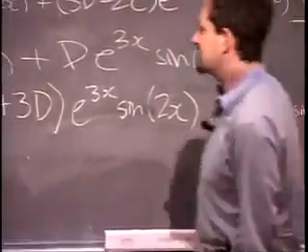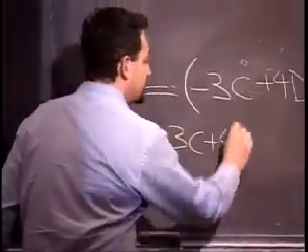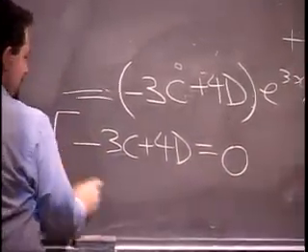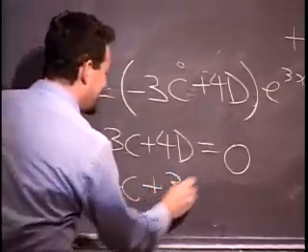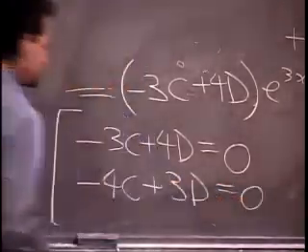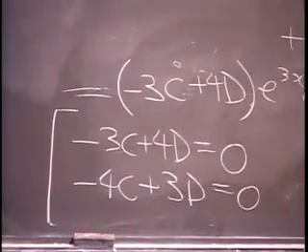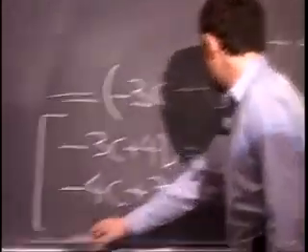So that's how these things have to match. So for this to work, we need minus 3c plus 4d equals 0, and we need minus 4c plus 3d equals 25. And you can solve these things simultaneously. Man.